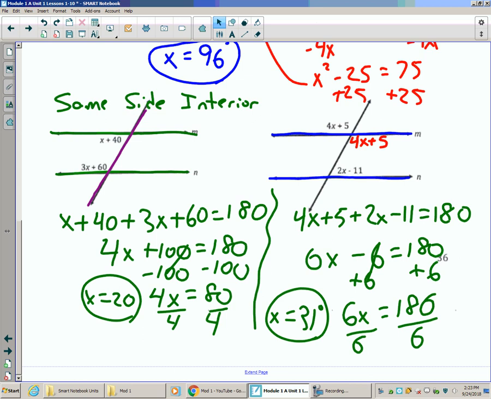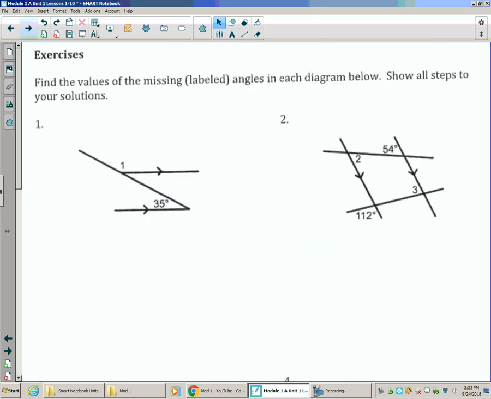Okay. The last thing we're going to look at here is our last page. And this is kind of a mix of all the examples we've seen so far. So again, in exercise number 1, we have two parallel lines here. So I'm going to highlight those two along with the diagonal. And we see these alternate interior angles again.